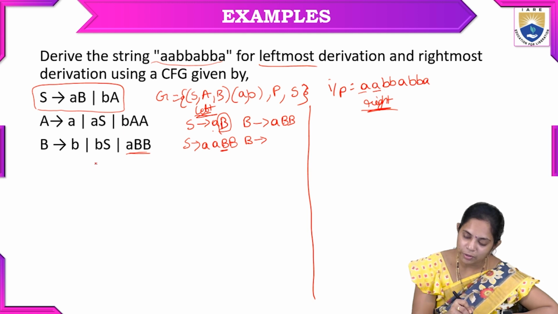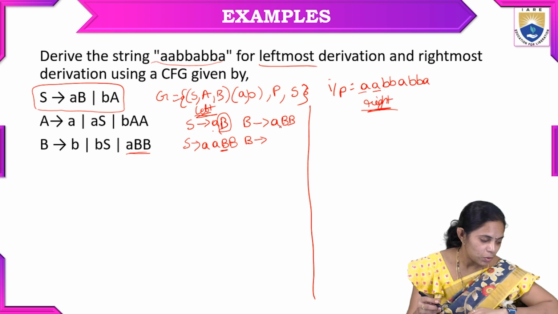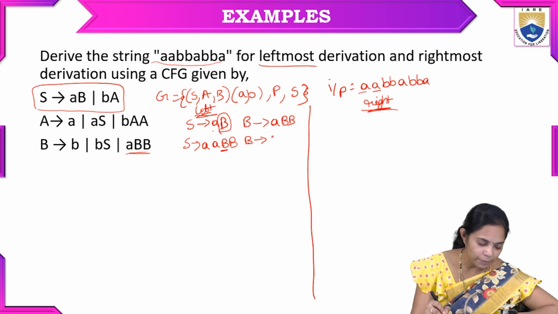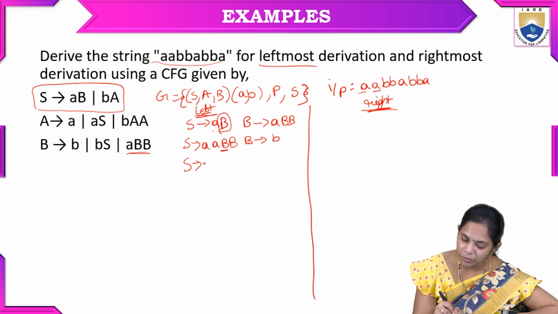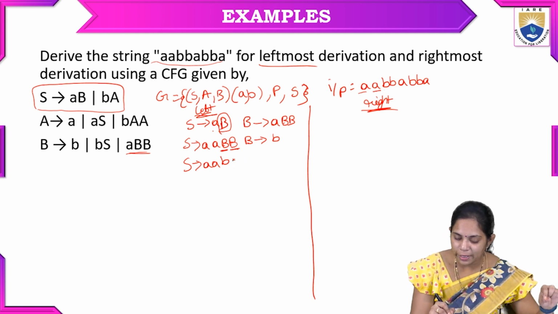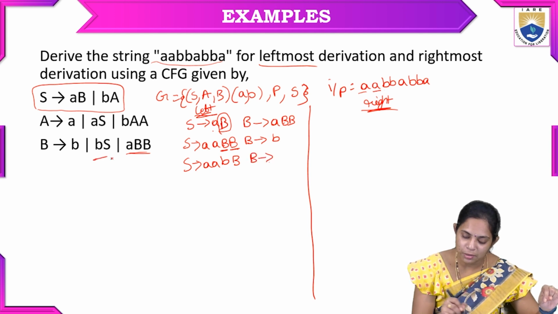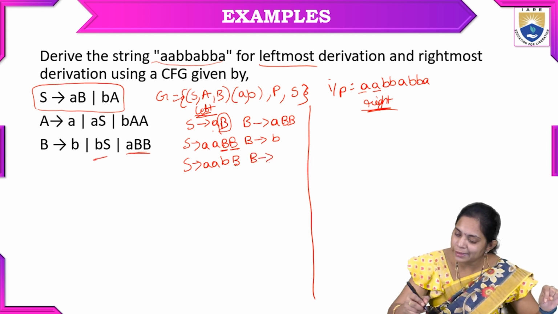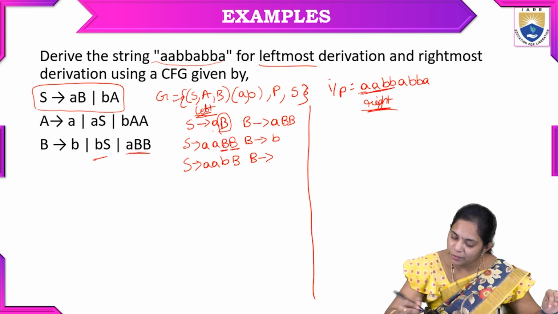And what is the next step? We have to take the input string. Here we require b, b. We write S tends to AB, and the only non-terminal is this B. So instead of this B, we will write bS, and with this the input string is finished.